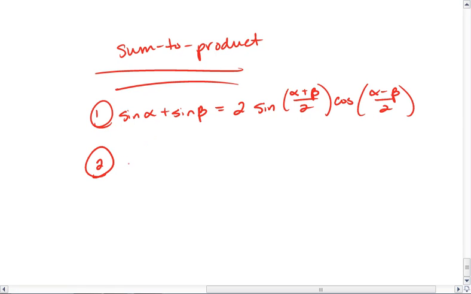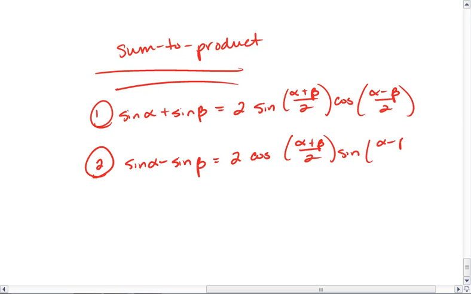Next is if we have sine minus sine. This gives us 2 cosine alpha plus beta all over 2 sine alpha minus beta all over 2.